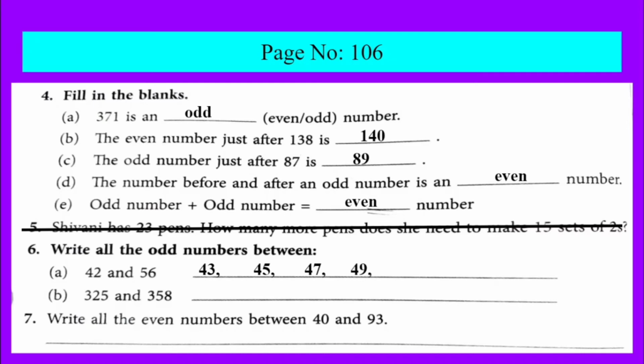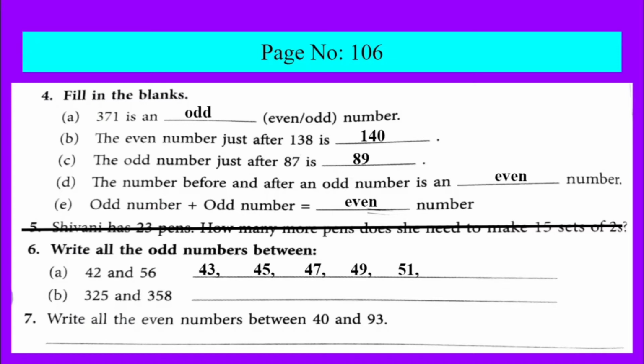Now which number comes after 49? 50. So is 50 an odd number? No, 50 is an even number. So which number comes after 50? 51. So is 51 an odd number? Yes, very good. So we will write here 51.